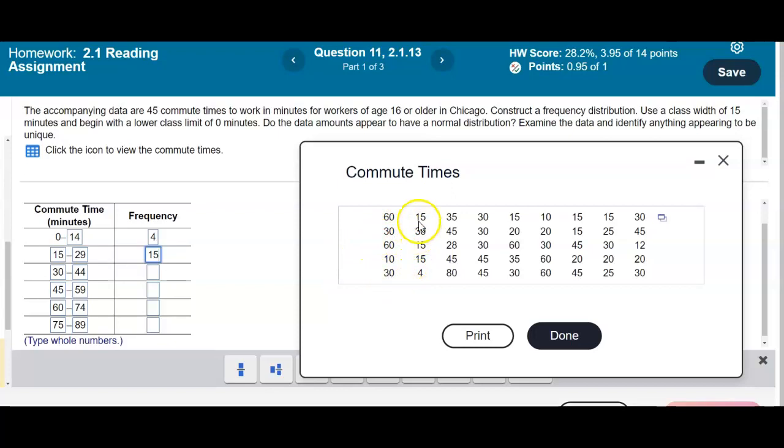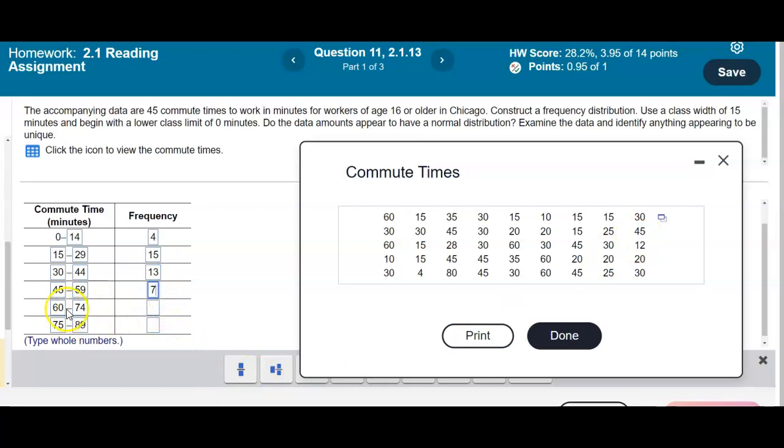Now 30 to 44. 1, 2, 3, 4, 5, 6, 7, 8, 9, 10, 11, 12, 13. 13. Let's go from 45 to 59. 1, 2, 3, 4, 5, 6, 7.